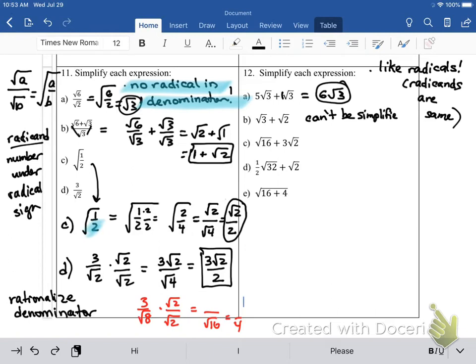So this cannot be simplified any further. Now, if anything here is a whole number, great. Make it a whole number. But do not add these two together. Why? Because would you do this and make 7x?